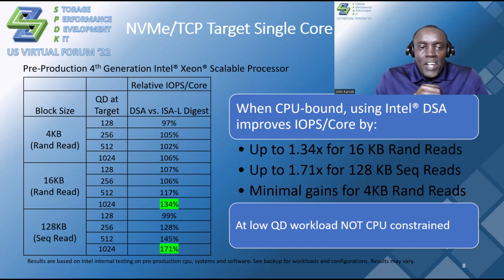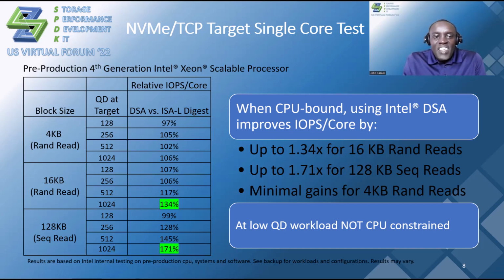And then as we were running these tests, we measured the IOPS when the target was using ISA-L and when it was using Intel DSA to compute the data digest. And then we used those IOPS numbers to compute the IOPS per core. And that's based on the actual CPU utilization that we measured using the Linux SAR command.